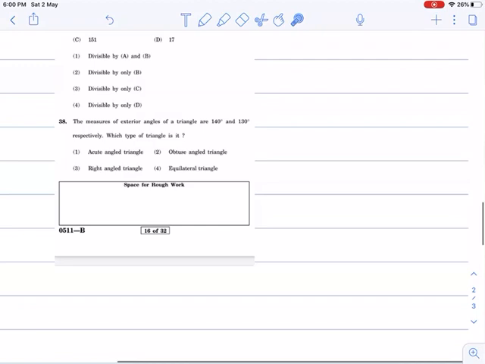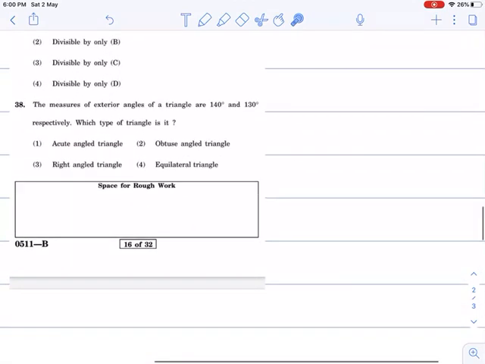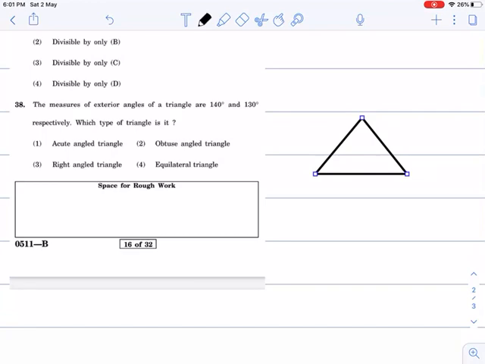So I will draw the diagram first. With the help of this you can give the answer, or some students can directly write the answer. So I will draw the diagram here.